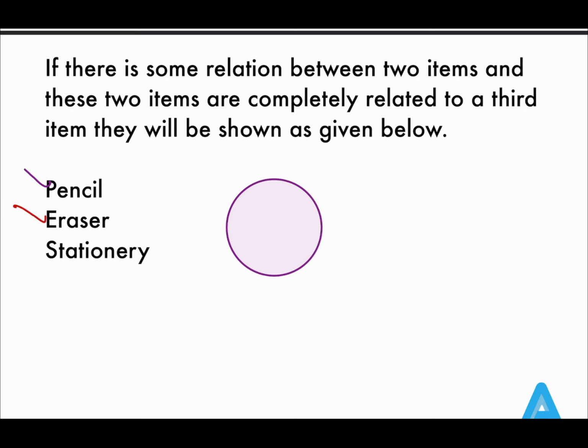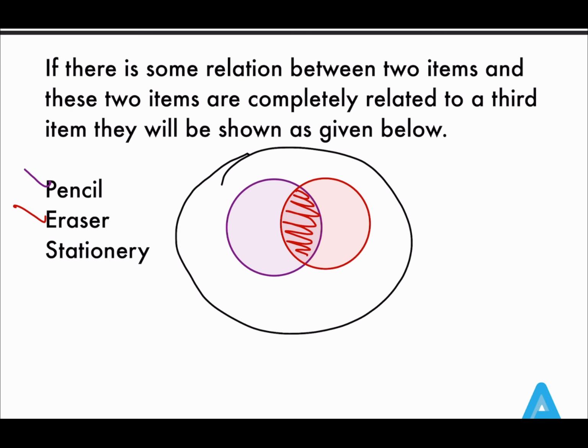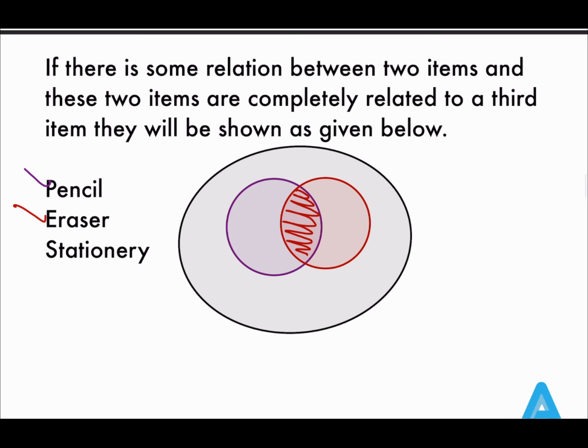If pencil and eraser are related to each other, this part will show that pencil and eraser are related to each other. But you can say that pencil and eraser are part of stationery. This is stationery.